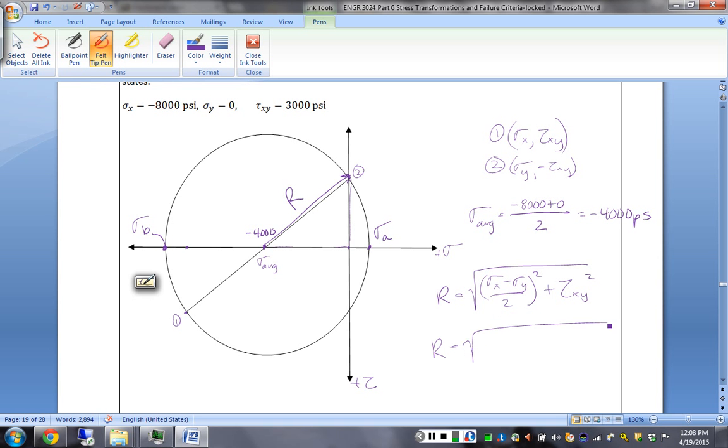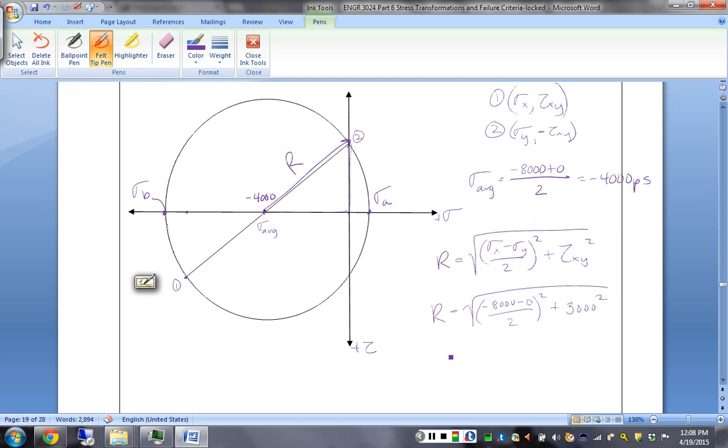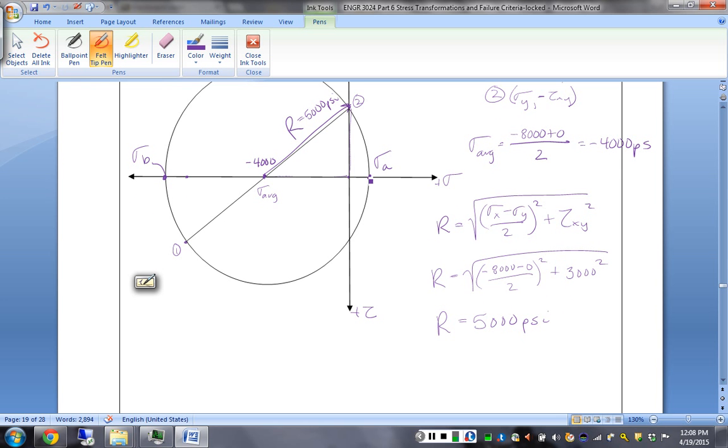So that is the square root of minus 8,000 minus 0 over 2 squared plus 3,000 squared. And that ends up being 3, 4, 5 triangle, so that is 5,000 psi.